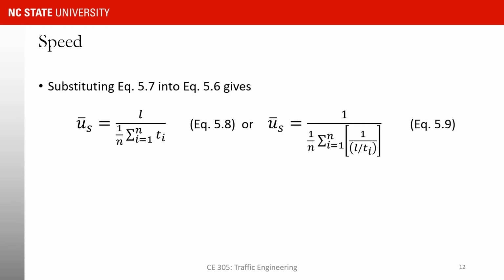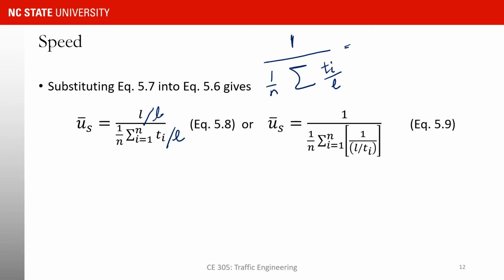So what I do here is that rather than having this equation, I divide the numerator and denominator, both of them, by L. If I do that, I'm going to have 1 divided by (1 over n times the summation of ti divided by L).